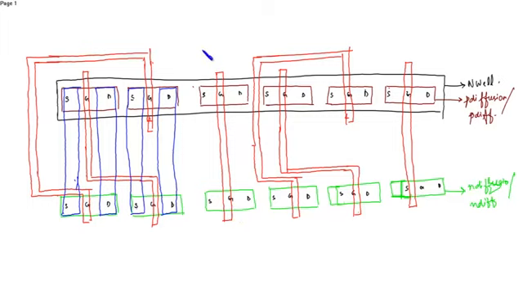The source of the PMOS in an inverter is connected to VDD. So this is connected to VDD. Now the source of the NMOS is connected to ground. So this is connected to ground, and the drains are connected. The drain of PMOS is connected to the drain of NMOS.